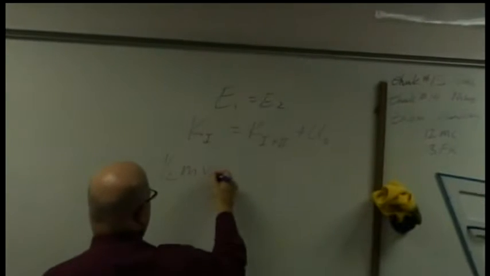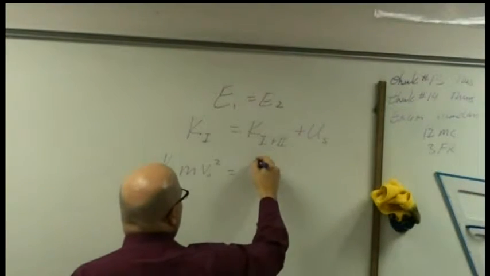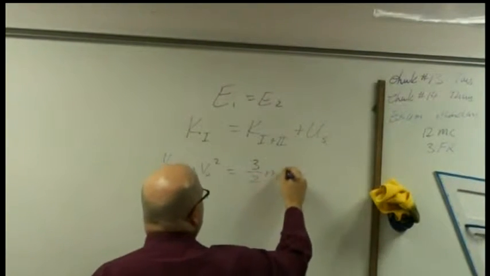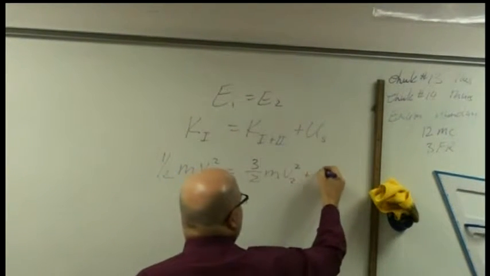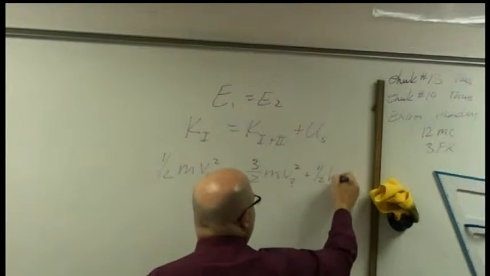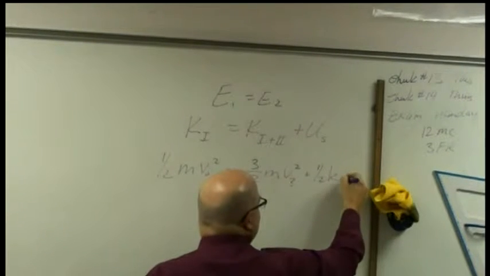Can we just write that last line? Yeah, we can. We can say that during the collision, E1 equals E2: the kinetic energy of block number 1 equals the kinetic energy of both plus the spring potential, which is 1/2 m v naught squared equals 3/2 m v squared plus 1/2 k x squared, right?